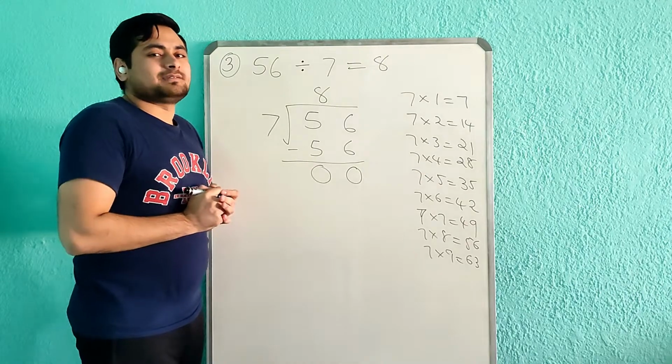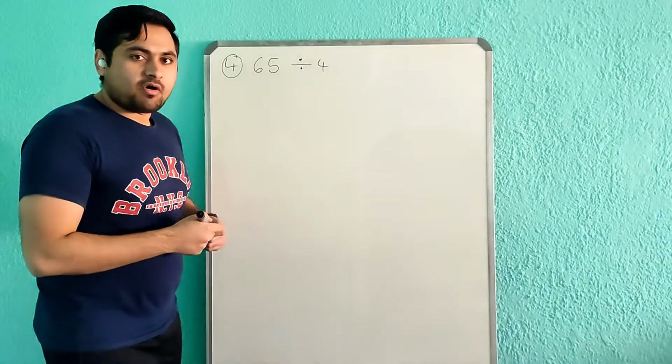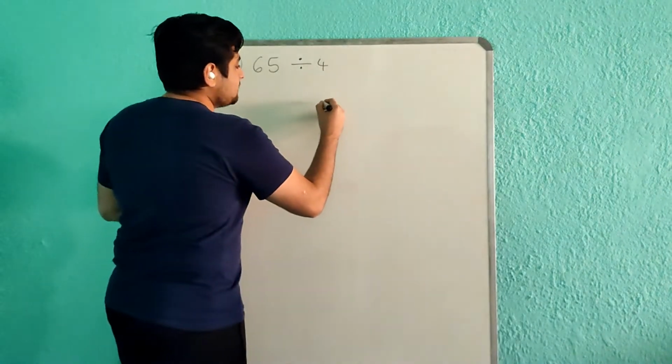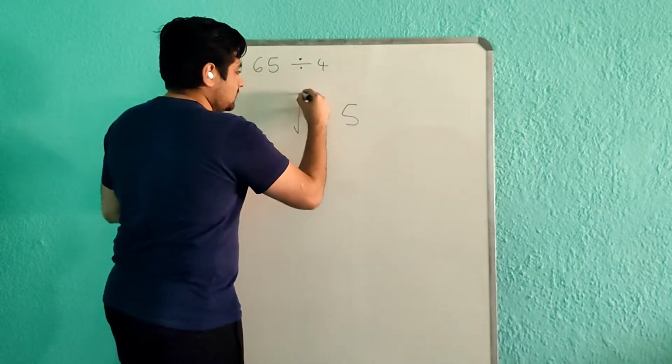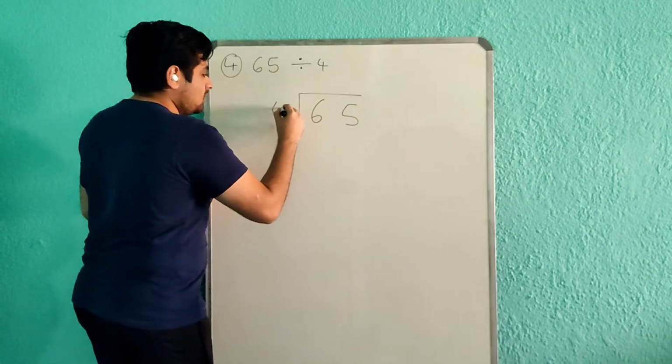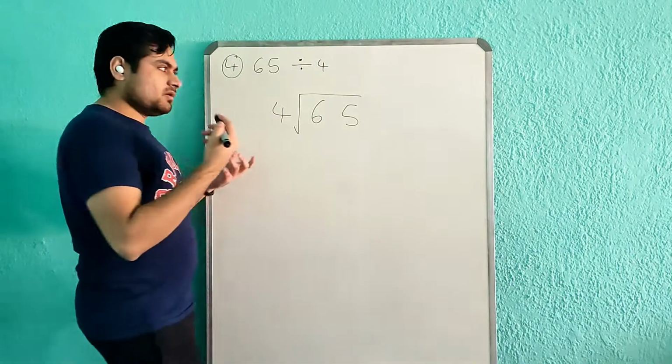Let's move on to the next example. Question 4 says 65 divided by 4. So how do we write it? First we come and write the 65, right? The division sign, you draw this and you write the 4 on the left side, right? What is the next thing? Let's first write the table of 4, right?